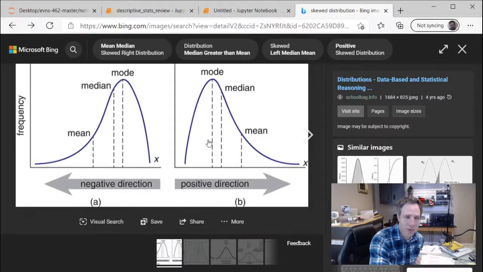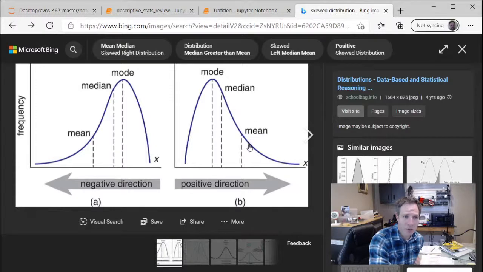All right, so what's the relationship between mean, median, and mode in distributions like this? Well, the mean is most sensitive to outliers. So these large values out here in the tail of a distribution that's skewed right, or positive skew, are going to give you a mean that's higher because these values contribute to that mean. The median is less sensitive to outliers or long tails in one direction.